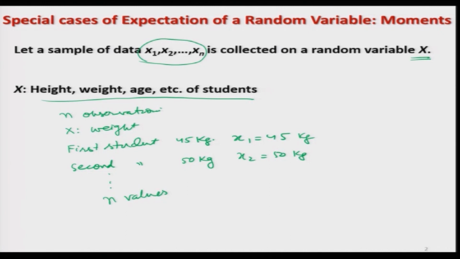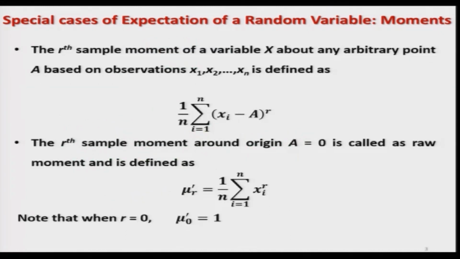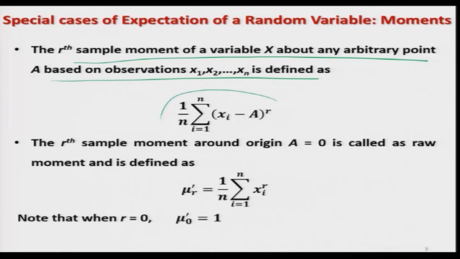Now, based on that, we are going to define our moments that we defined earlier based on the probability function. The rth sample moment of a variable x about any arbitrary point A, based on the observations x1, x2, ..., xn, is defined simply as 1 upon n, summation i goes from 1 to n, (xi minus A) raised to the power of r, where A is some known value.